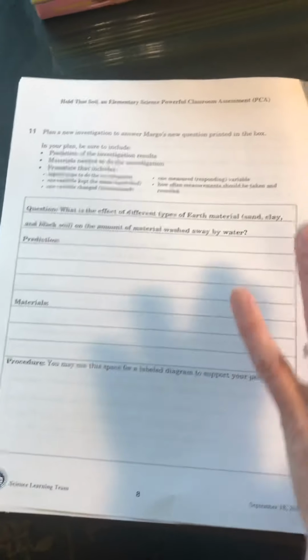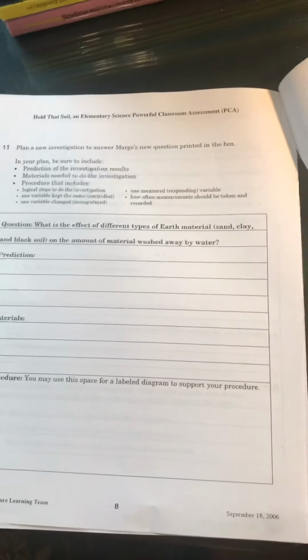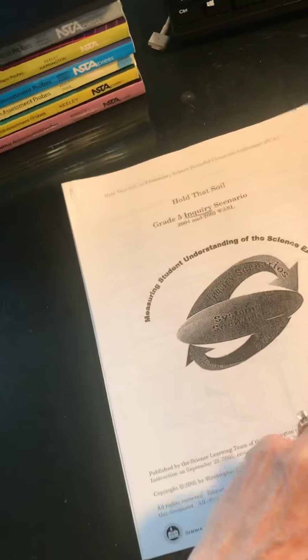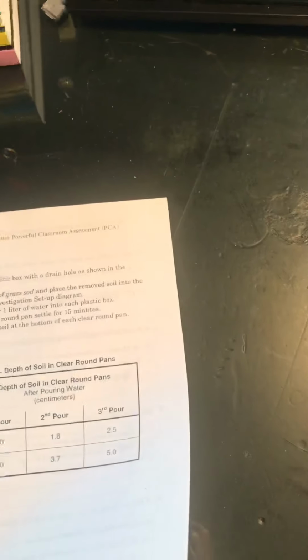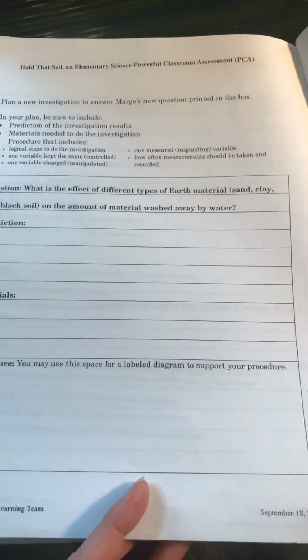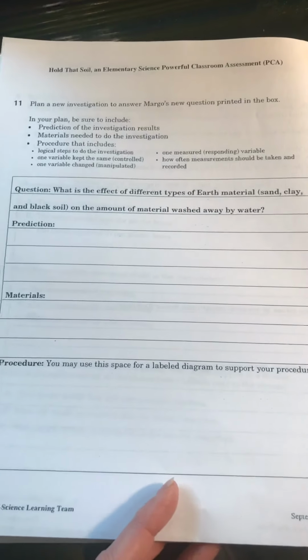So you could set up just like a pretend investigation based on the first one. Really, all you have to do is go back and look at the first investigation, and you can use the same verbiage, the same types of words, basically the same steps, but this time you're going to tweak it just enough where it's going to address the question of different types of earth material.